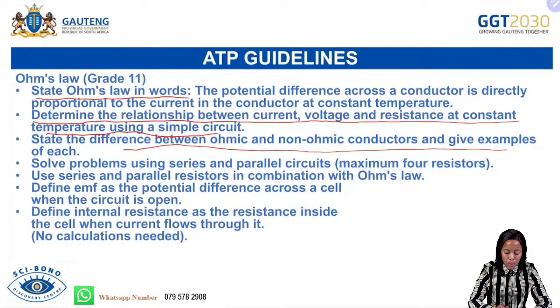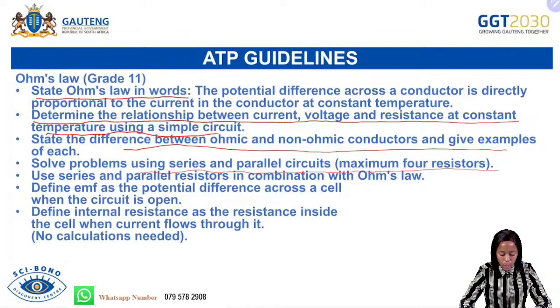Then it says solve problems using series and parallel circuits, but up to a maximum of 4 resistors. Then it says use series and parallel resistors in combination with Ohm's law. So in grade 11, again, you were able to use a combination of the series and the parallel resistors, and with that, you were able to do calculations based on Ohm's law.